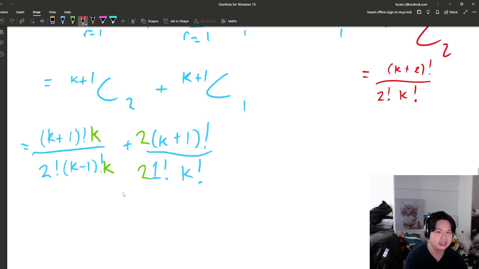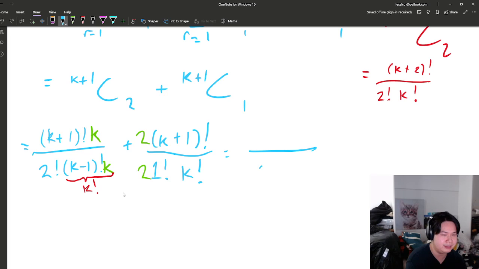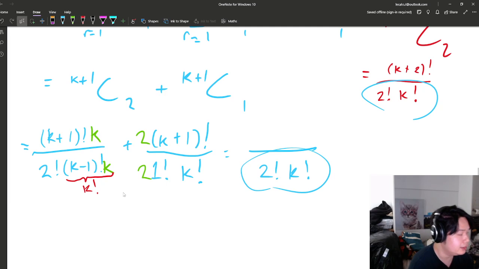If you're a little unfamiliar, please recognize that that's k factorial, right? k minus 1 factorial times k is just k factorial. So now your denominators are the same, and they're 2 factorial times k factorial, so that's nice, because we do want these to be the same.